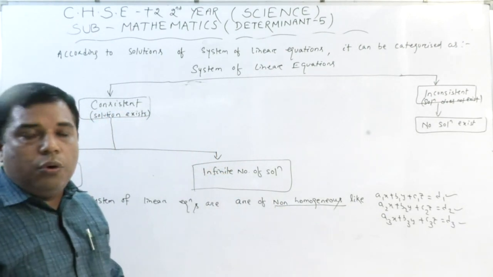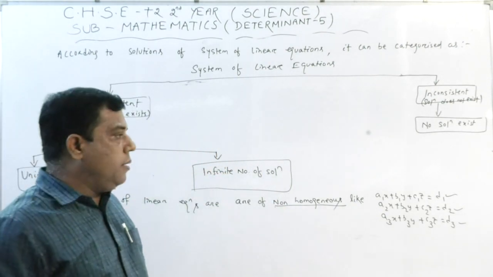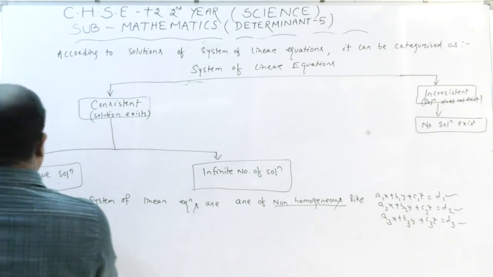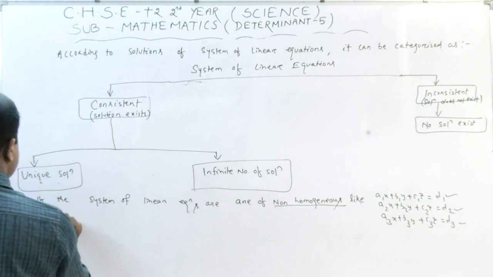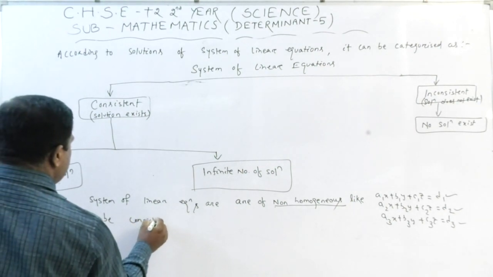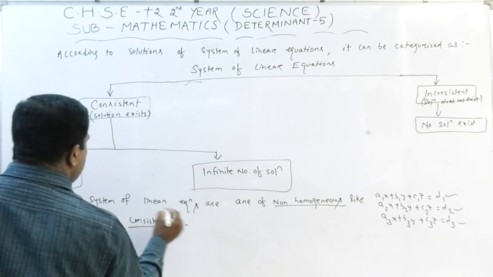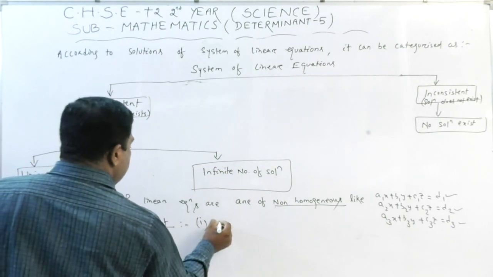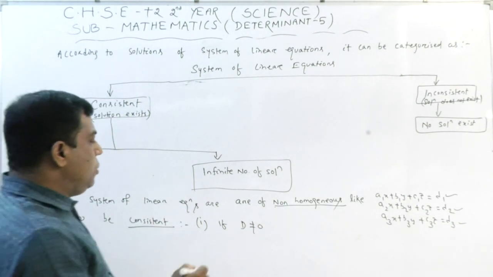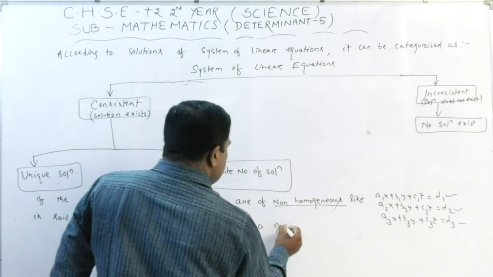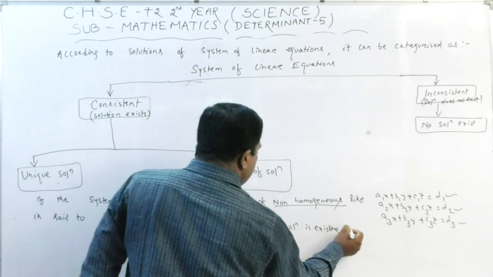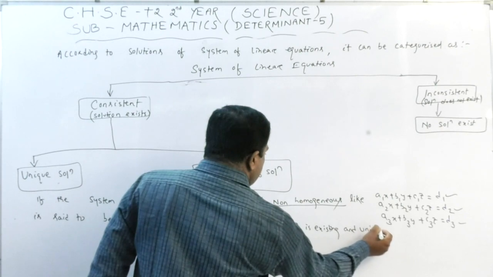Okay? So if a non-homogeneous system of equations is there, then it is said to be consistent when? If d is not equal to 0, then we can say a solution exists and is unique.